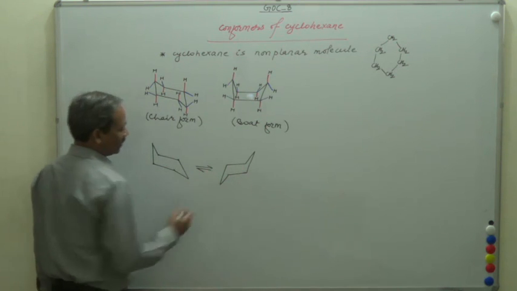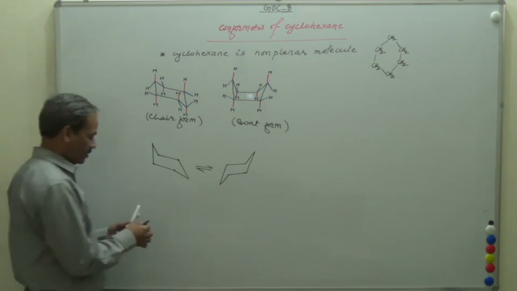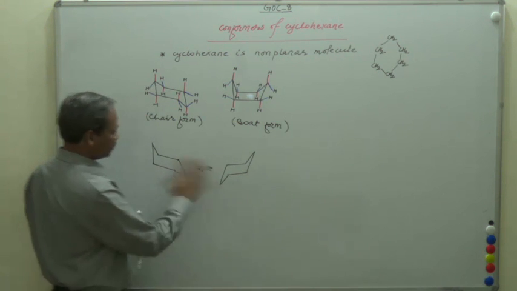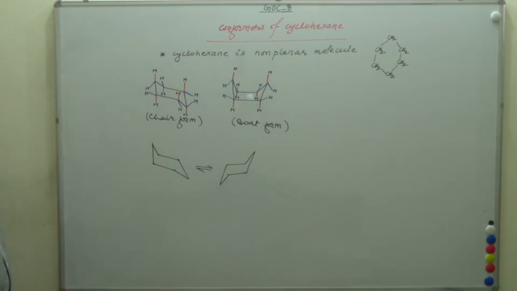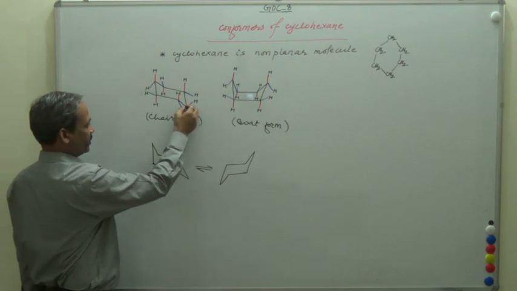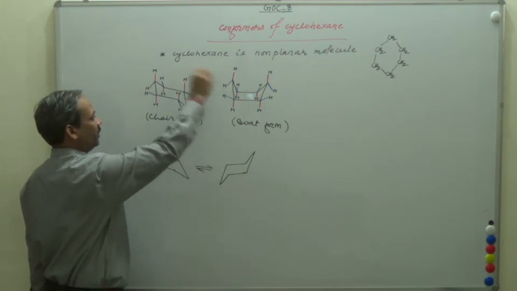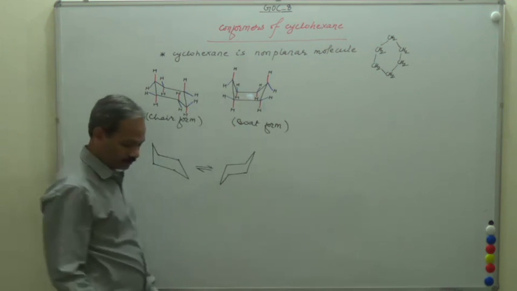These two chair forms are in dynamic equilibrium. So there is flipping between these two different chair forms. If the footrest carbon is pulled upward, then it becomes boat form.